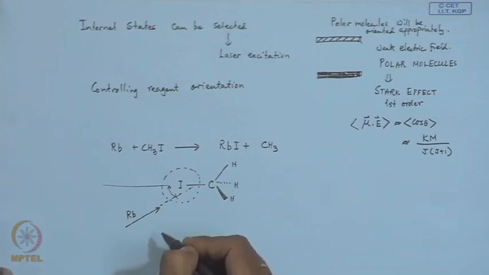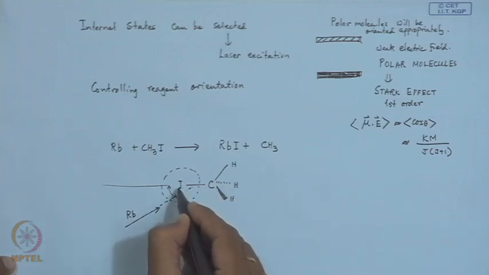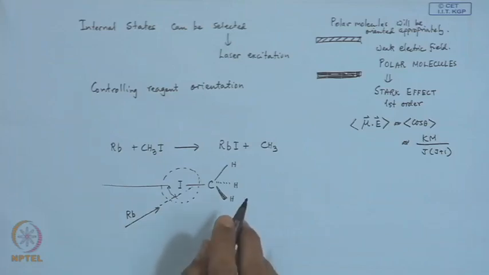Not all reactions display a strong steric effect, because if it is approaching from this side, it cannot access this iodine, so there is some steric factor. The reactions which proceed without any barrier on the potential energy surface generally do not show a strong steric effect.